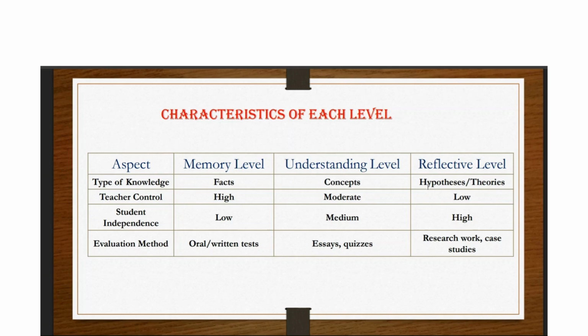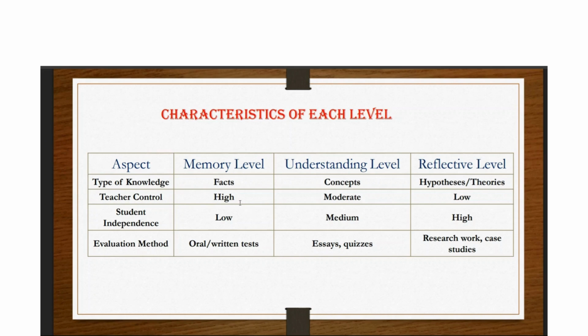We have to find multiple solutions to that particular problem, and there is no one solution for the problem. So we make a hypothesis to solve that problem. That comes under the reflective level, or we may find different theories to solve the problem.